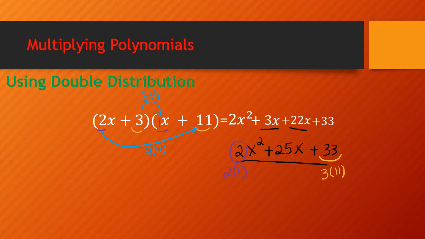So 25 comes from adding 3, because 3 times 1 is 3, and 22, because 2 times 11 is 22. We're going to use this information to work backward, going from the standard form to the factored form when we have a trinomial with a leading coefficient other than 1.